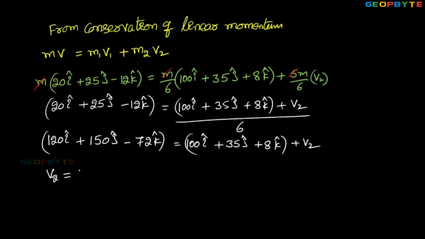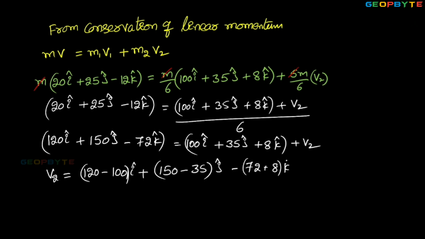Now you simplify it. v2 equal to (120 minus 100) i cap, this is one quantity, plus (150 minus 35) j cap minus (72 plus 8) k cap, in brackets.